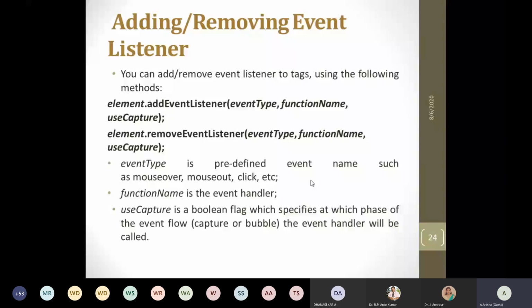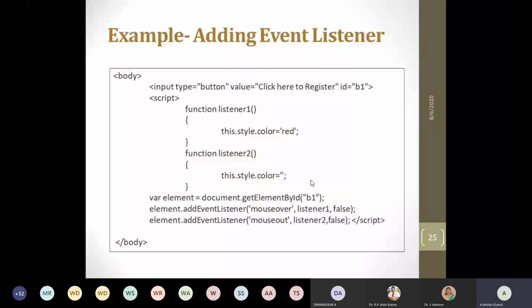Event type is the name of the event, and the second parameter is the name of the event handler, that is the name of the function that should get executed as a response. And the third parameter refers to event propagation that we'll learn in the next slides. So first we'll learn how to implement the addEventListener method.